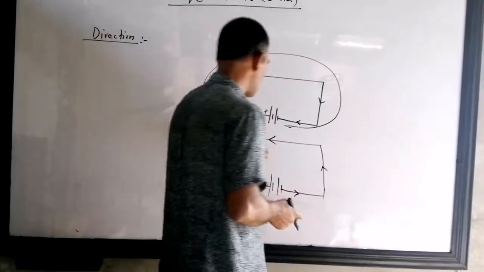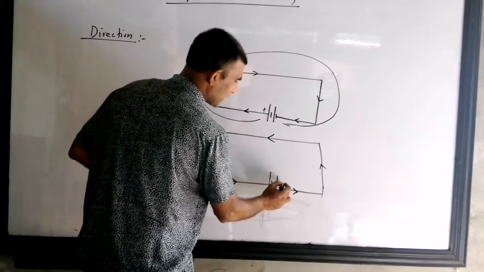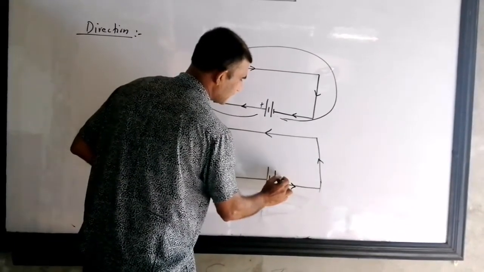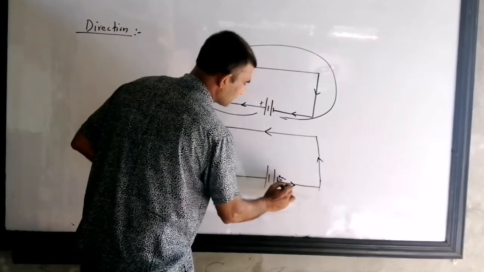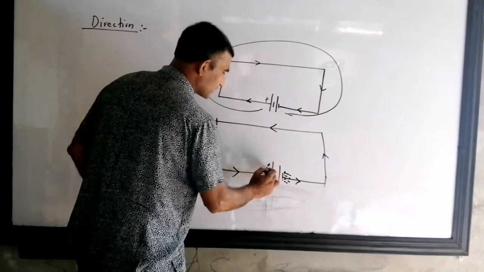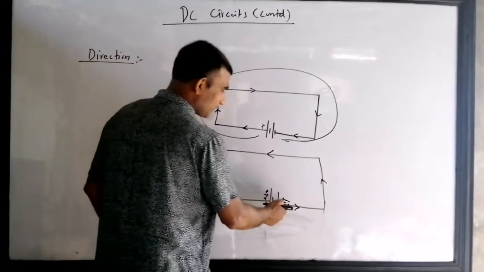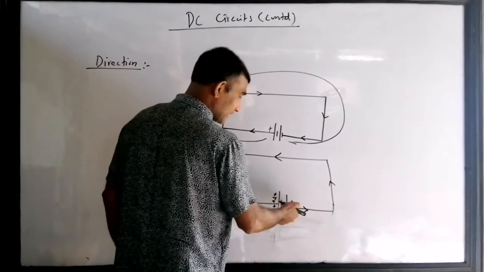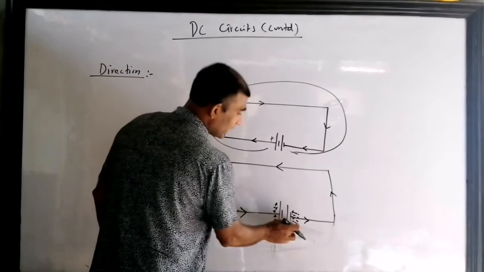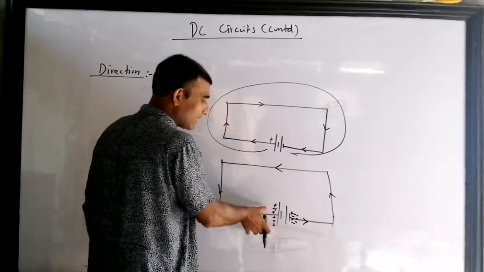Actually, in metals what happens? Electrons move from the negative pole of the battery. The negative pole of the battery has plenty of electrons, millions, billions, trillions of electrons, and the positive pole has a lack of electrons. That's why it's the positive pole, and the negative plate has billions of electrons. So the negative has much more electrons, and the positive has fewer electrons.